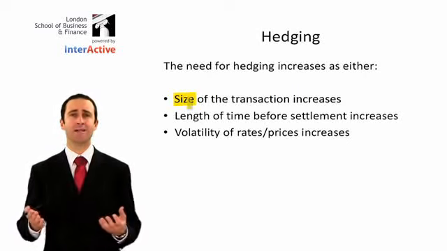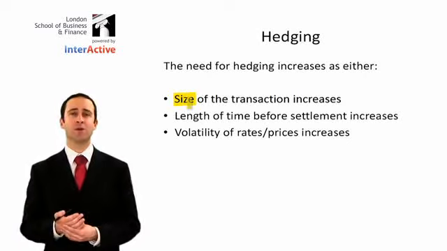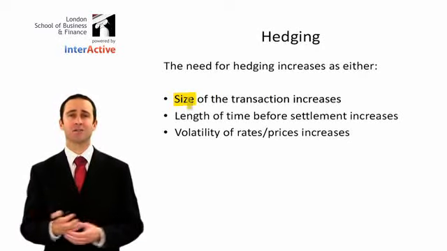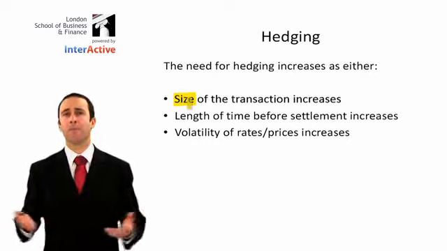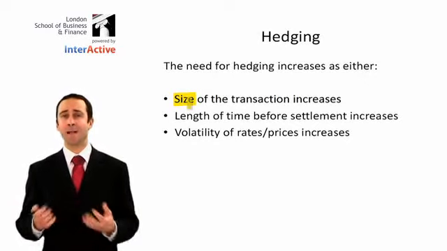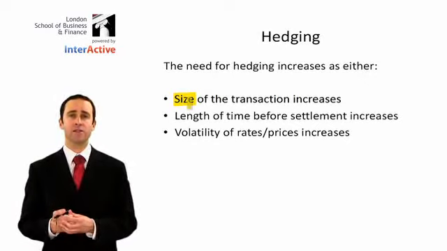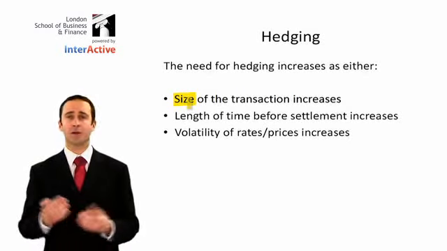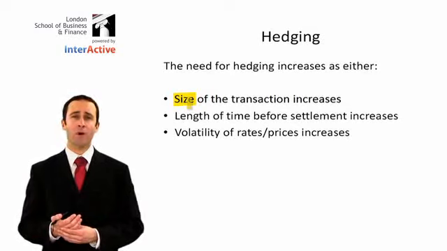It doesn't really matter, because that price is not going to increase dramatically, as the size of the transaction is fairly small. But if I was all of a sudden buying millions and millions of pounds' worth of oranges, the bigger the transaction, the more risk we are subjected to, and therefore the need for hedging increases.